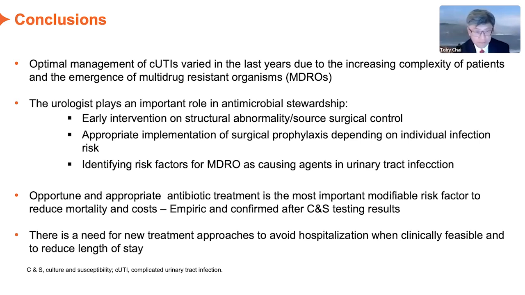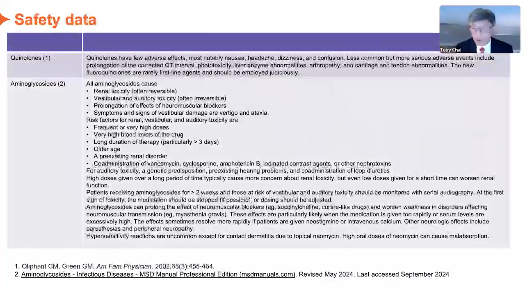Next slide, please. So just so that we all know that there's both efficacy and potential adverse events. I'm not going to go over all of these, but each of the antibiotics discussed in the talk today have potential adverse events. For the quinolones, aminoglycosides listed there, as you can see.